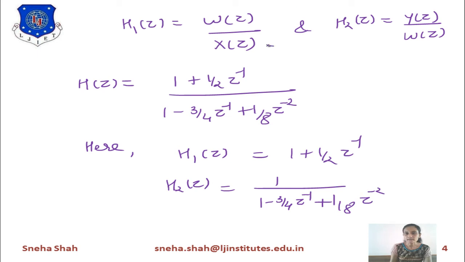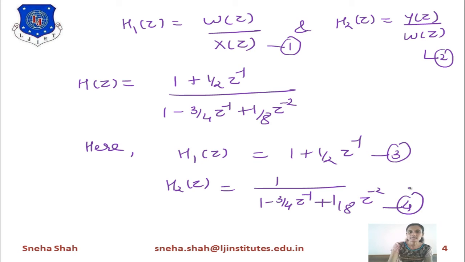Now we will equate equation number 1 with equation number 3 and equation number 2 with equation number 4. So the next step is W(z) upon X(z) equals this term.